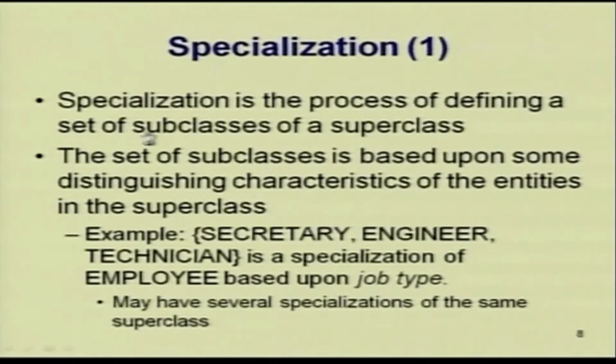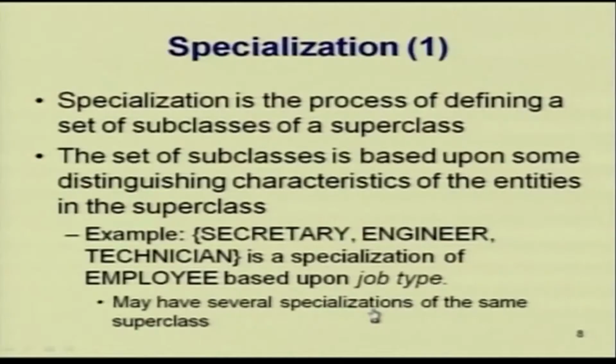So, specialization is a process of defining a set of subclasses of a superclass, and the set of subclasses is based upon some distinguishing characteristic, which we have already seen. The example that we saw previously is a specialization of employee based on job type, and it may have several specializations of the same superclass.